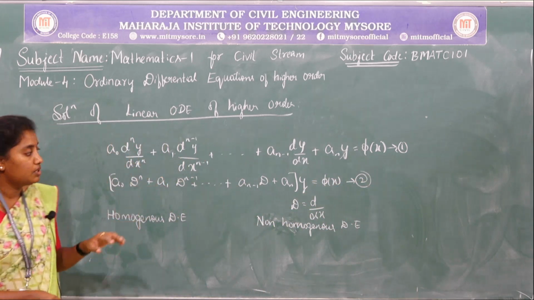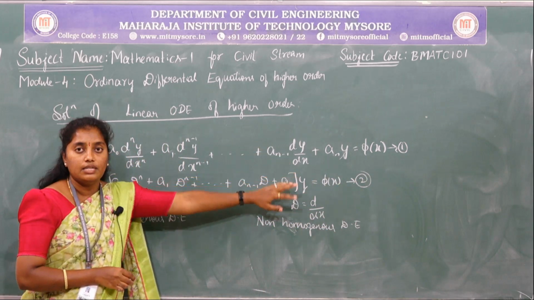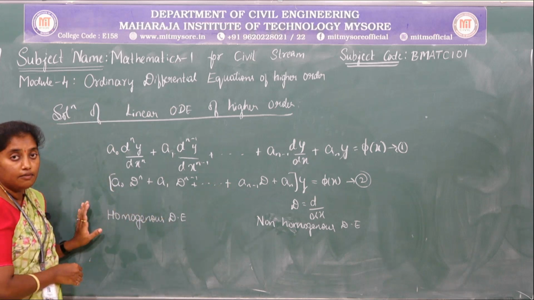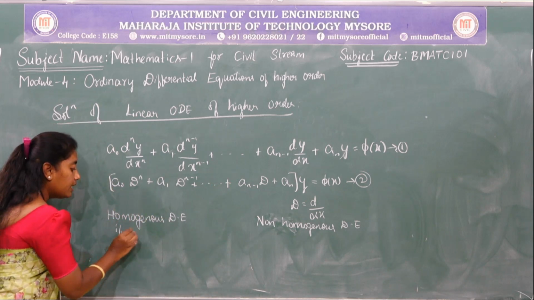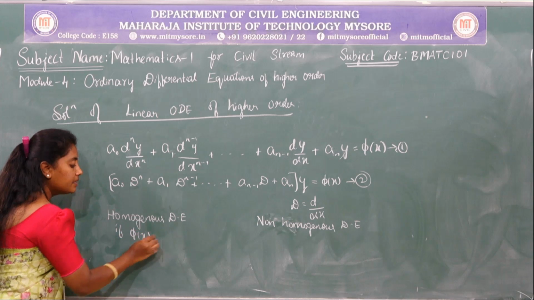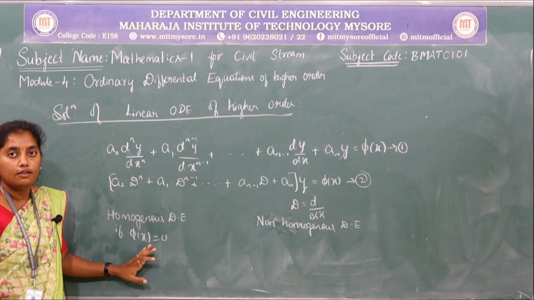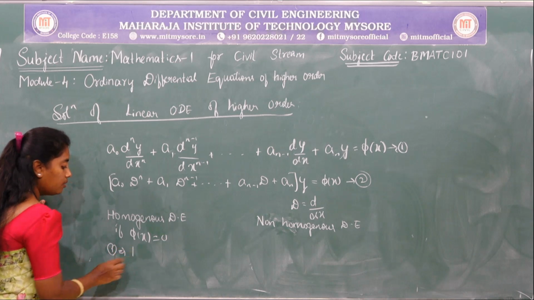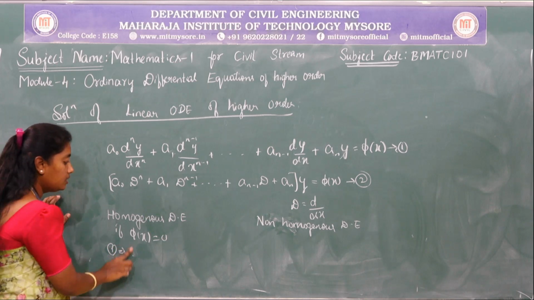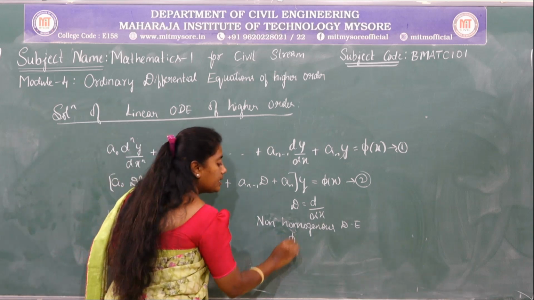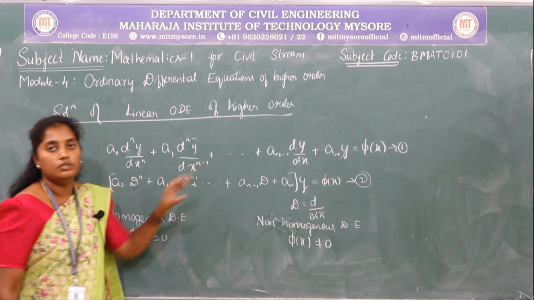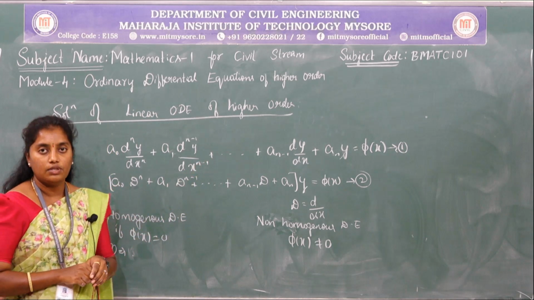In either of the equation, here the RHS function is function of x, that is phi of x. Homogeneous differential equation means if phi of x equal to 0. If phi of x equal to 0, then equation number 1 is called homogeneous differential equation. If phi of x is not equal to 0, then equation number 1 is called non-homogeneous differential equation.